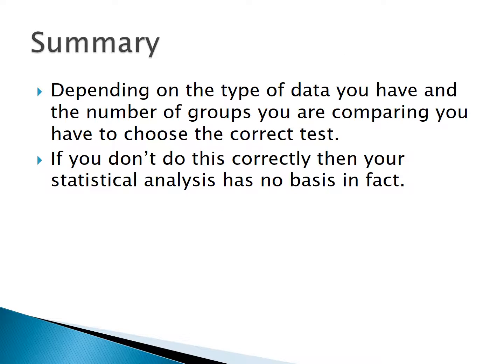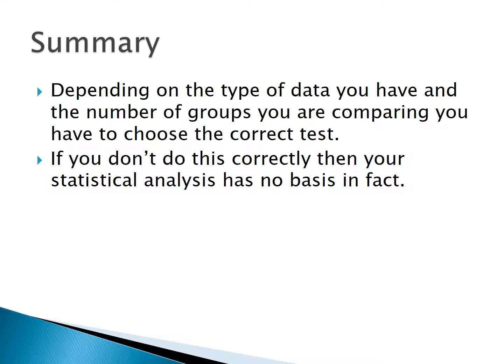So, in summary, depending on the type of data you have and the number of groups you are comparing, you have to choose the correct test. You need to calculate the number of groups you have. You need to carefully analyse how many variables you have and what type of variables they are, and depending on what you can see, you must choose the correct test that is appropriate for those groups and variables.